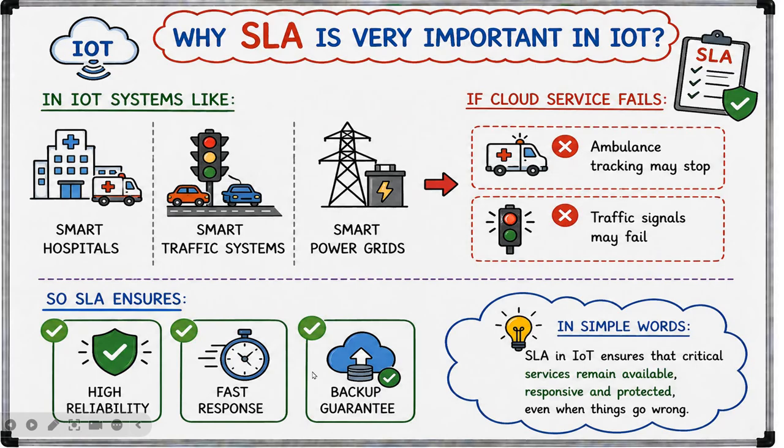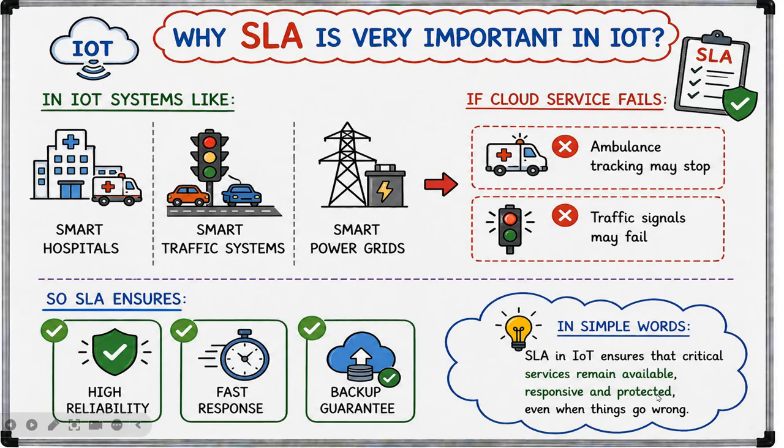Next is the backup guarantee, where it ensures proper data backup and recovery systems, and it includes automatic backups and disaster recovery plans. The importance of this is that if the system crashes, the data is not lost and the services can be restored quickly. So it ensures system continuity even during failure.